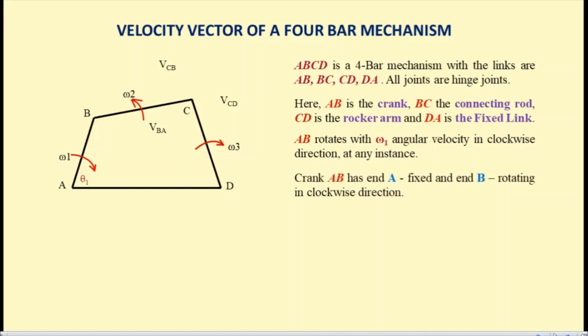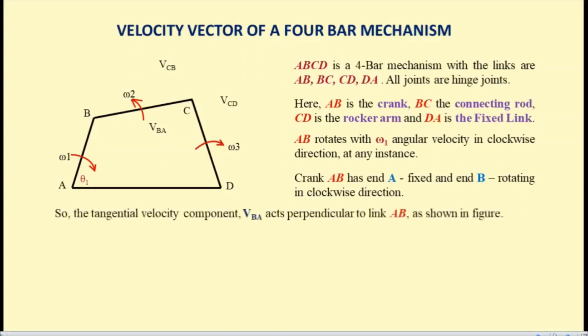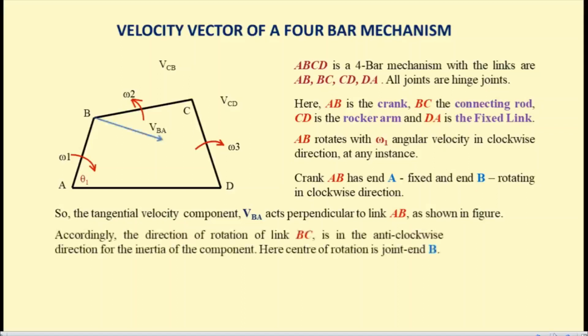So the crank AB has end A fixed and end B rotating in clockwise direction. So the tangential velocity component of B with respect to A, which is called VBA, acts perpendicular to the link AB as shown in the figure.